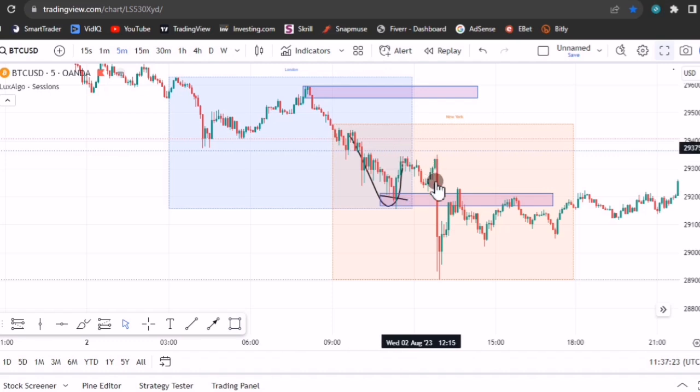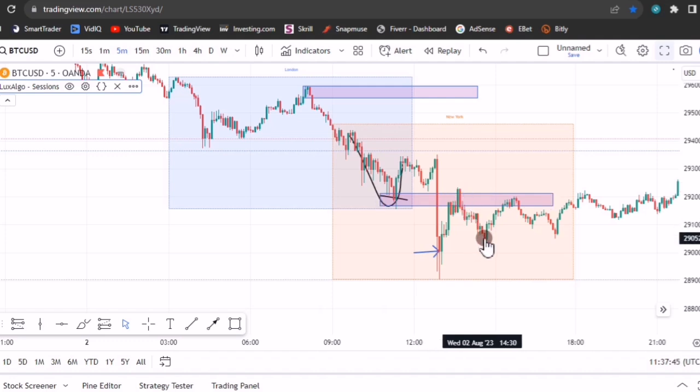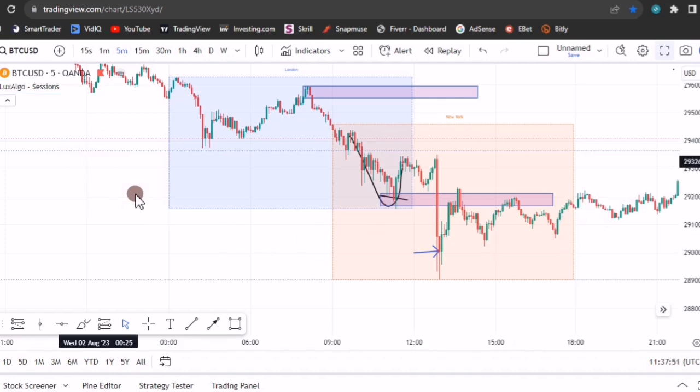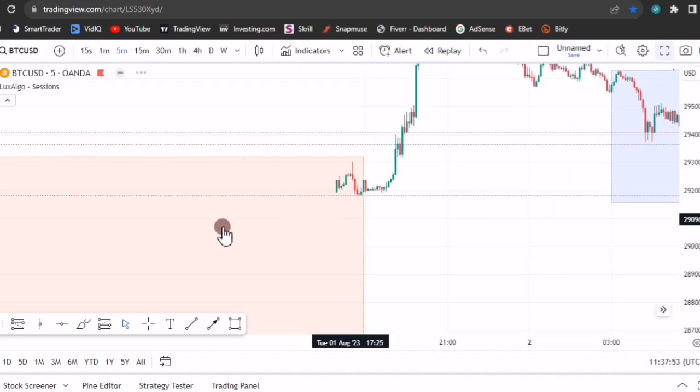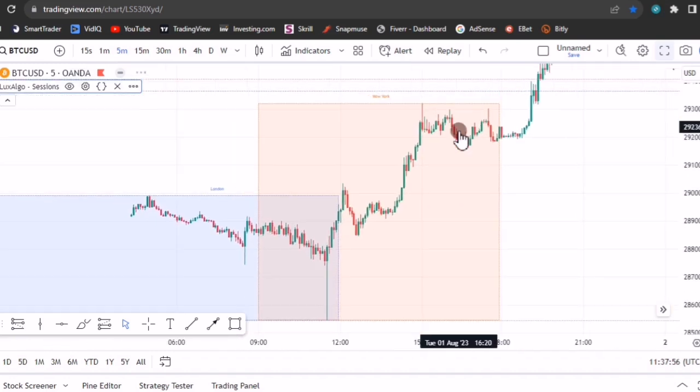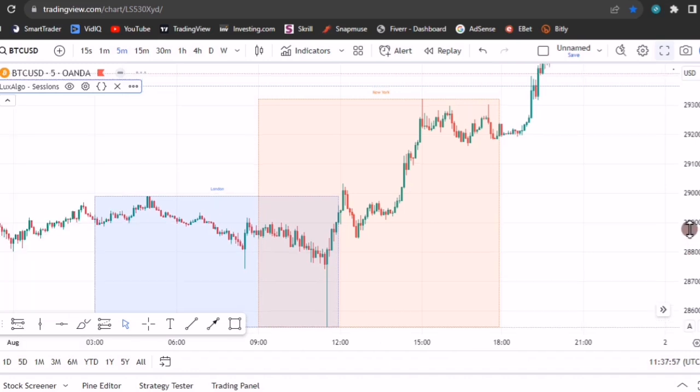So when price closed below here, I'm sure you would have taken the sell trade, but these were news. Don't take trades immediately after news. If you took the trade, price pulled back to the key level, you add a few more trades, it goes back, comes back, and then takes you out. This would have been somewhat a poor trade, which is not normal on this.